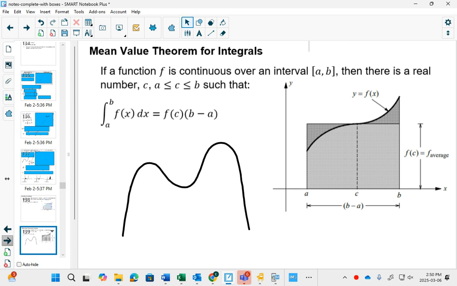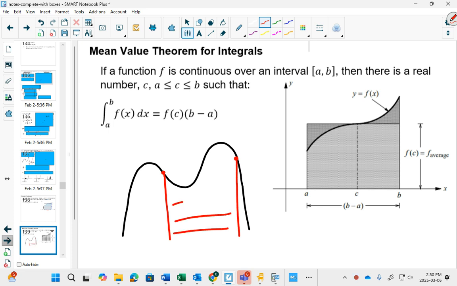Let's say I want to go from this point up to this point. Okay? That's my area under the curve.